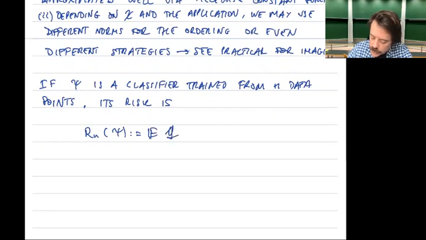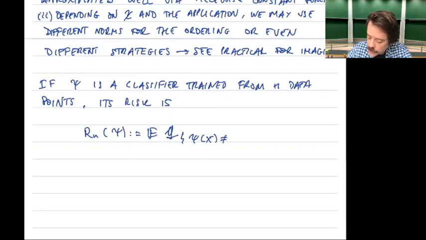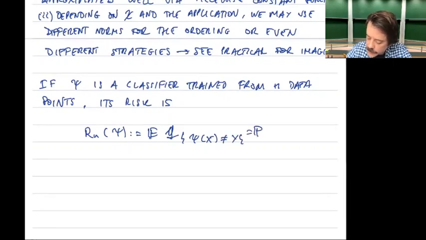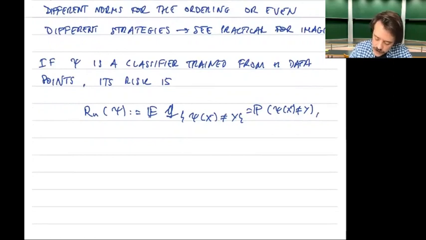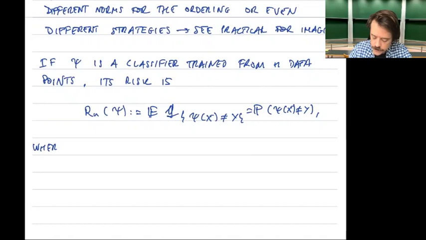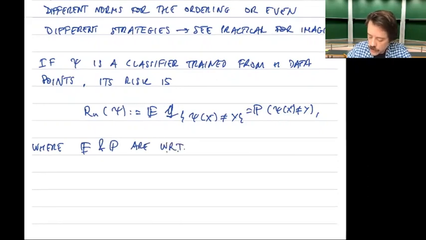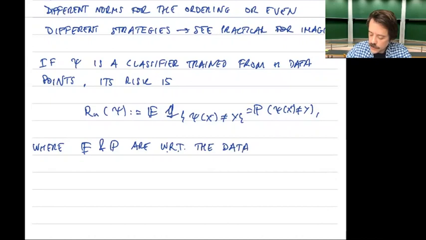And this is the expectation of the indicator of this guy being distinct from Y. Okay, so this is just the probability, therefore, of this guy being distinct from Y. What is important is where this guy and this guy are with respect to the data, so the n data points, and also with respect to xy.